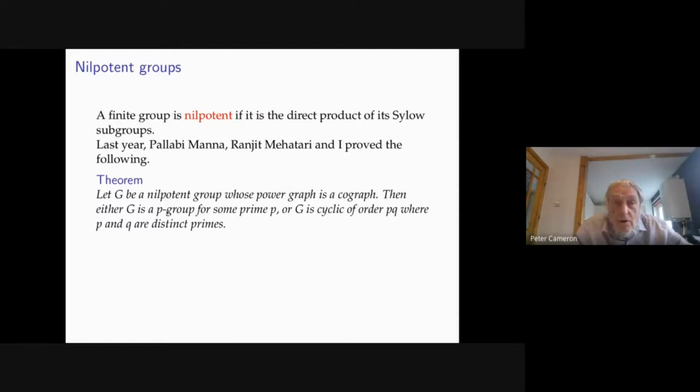So nilpotent groups which are not of prime power order, but whose power graph is a cograph, are extremely restricted. You only get these cyclic groups of order product of two primes. So if we just think back to the cyclic group of order 6 for a moment, remember that in the cyclic group of order 6, if it's generated by little a, the identity and a to the 5th are joined to everything.